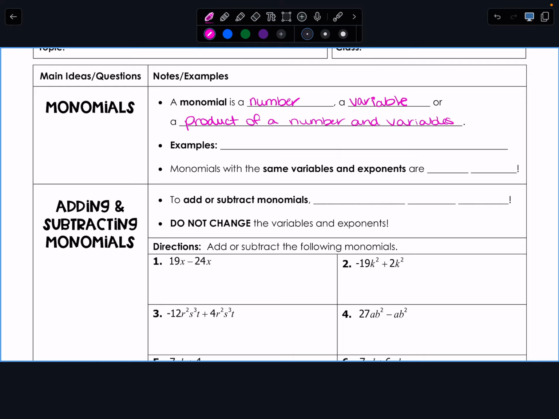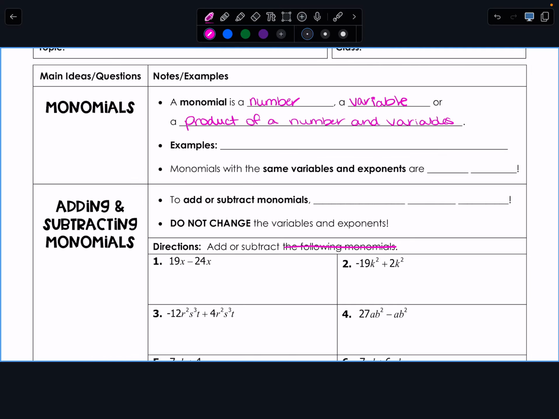But I don't like directions that say add and subtract the following monomials. That to me is just ridiculous. I'm going to tell you on a quiz or a test, add or subtract, period. I'm not going to be specific on heavy definitions. I don't care that we call things monomials, binomials, trinomials. I basically call everything a polynomial, even if it is just one term.